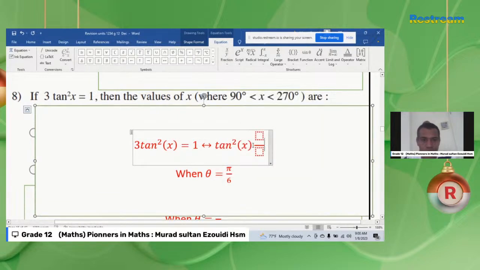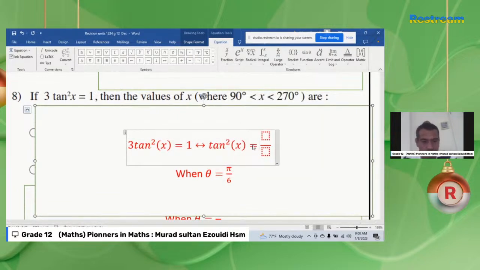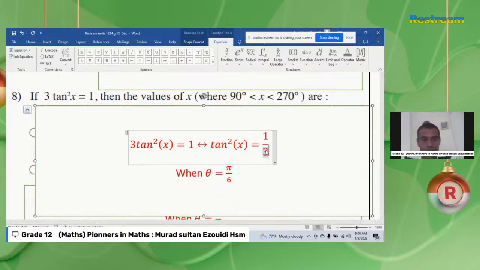This is the first step. Therefore, we should take the square root of both sides.